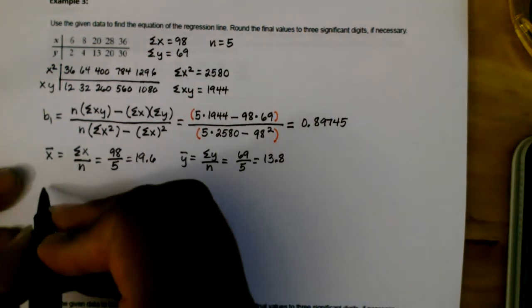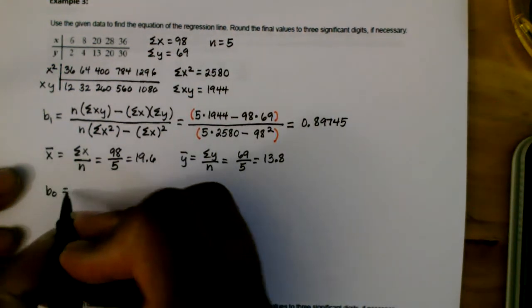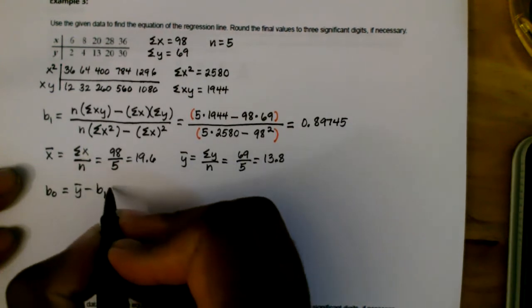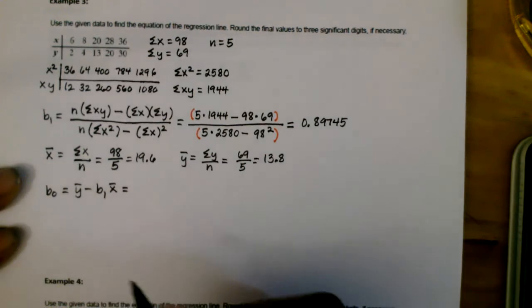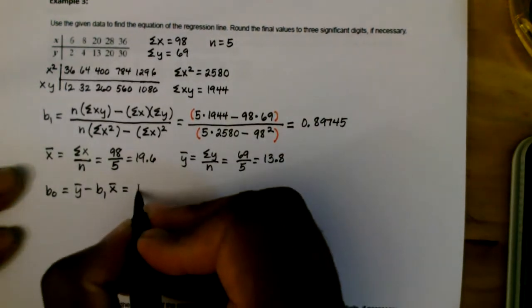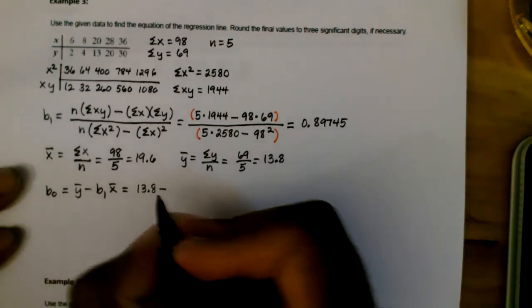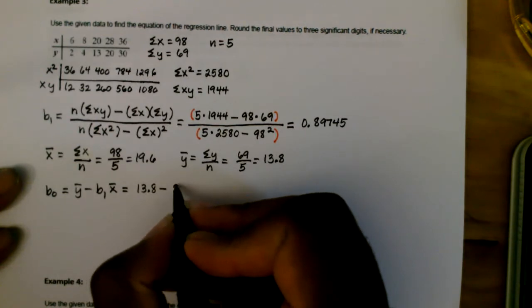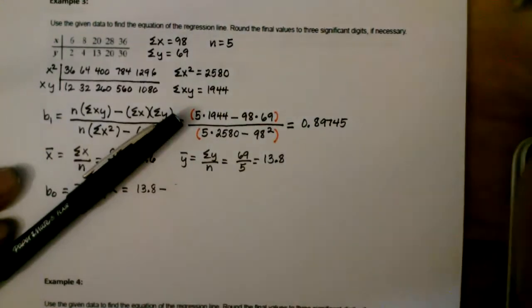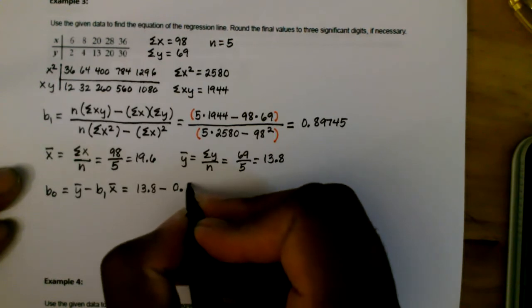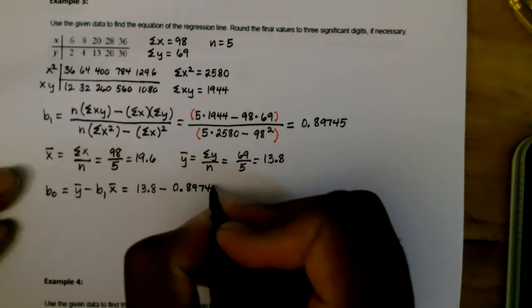Now we're going to find out what that Y-intercept is, B sub 0. And that's equal to Y bar minus B sub 1 times X bar. So the Y bar was 13.8 minus B1, that's 0.89745. Let me put a 0 in front because that is a decimal less than 1. 0.89745.